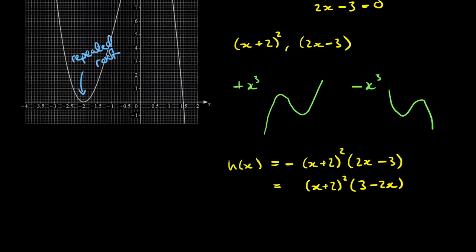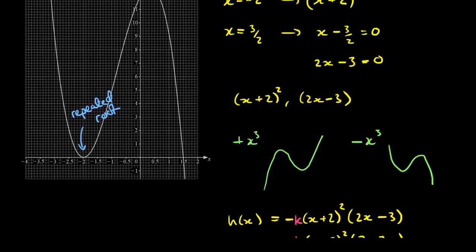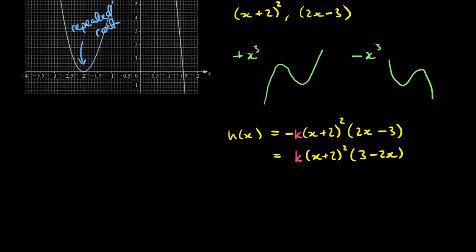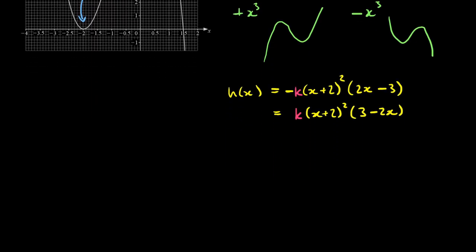Now, there's also one other thing we just need to be a little bit careful about, which is we can't assume that the x cubed is going to be a 1x cubed. It could be a 2x cubed or a 3x cubed or a 4x cubed. So I'm going to put a k there because I just want to check what that value of k is. And the way we're going to do that is we're going to use the y-intercept. Again, the y-intercept is going to be 12. So what I'm going to say is when x is equal to 0, y should be equal to 12.